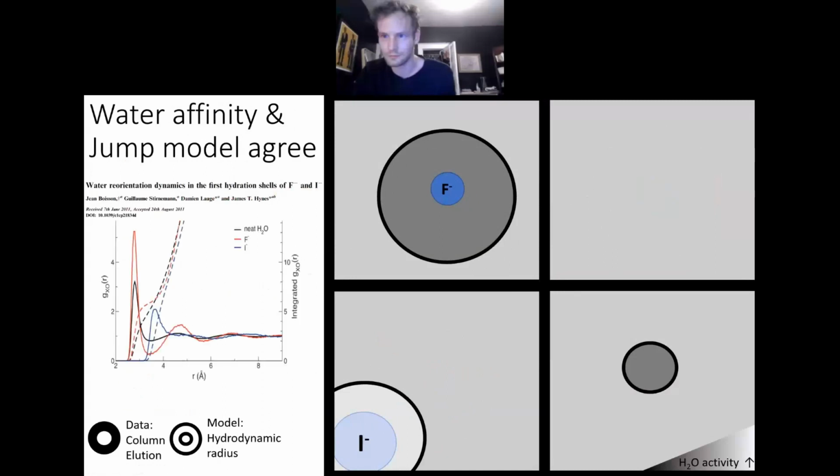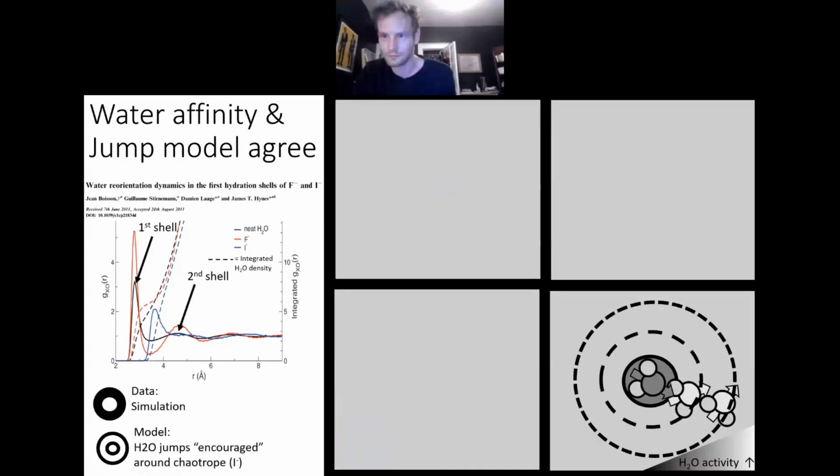Now what they find is that when they're looking at the water density, the hydration shells around water and these ions, when they're looking at just straight water or neat water, there's this first shell, where as you go out you run into a water, and then there's a hump for a second shell of water density, which is the second water molecule here, and then as you get farther out it just becomes density of one.